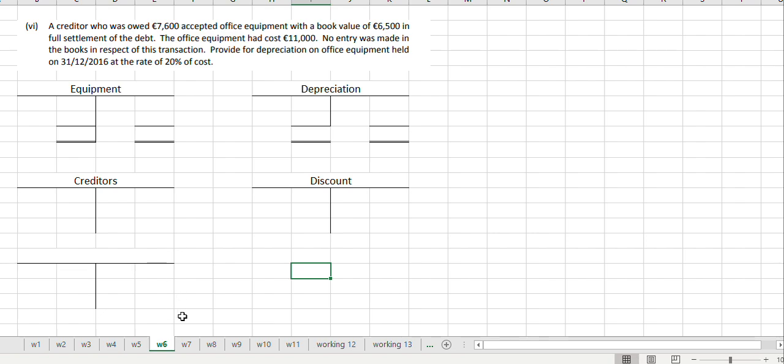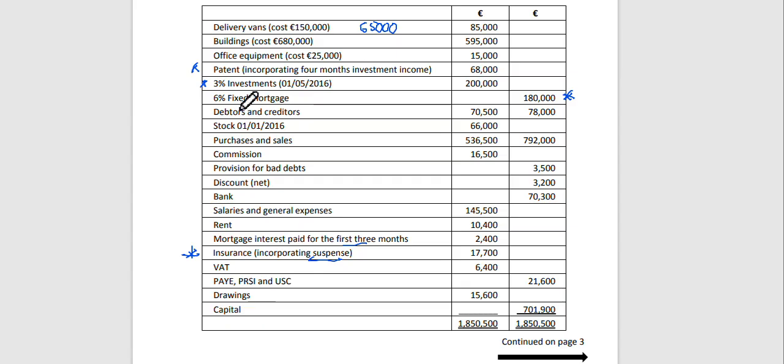So we will deal with the equipment account first. I'm just going to find the equipment up here. Office equipment cost 25,000, net book value 15,000. So as you can see, there was accumulated depreciation of 10,000.